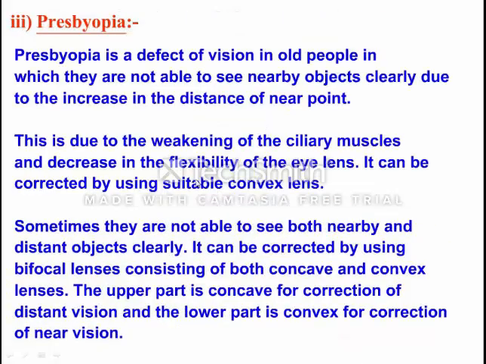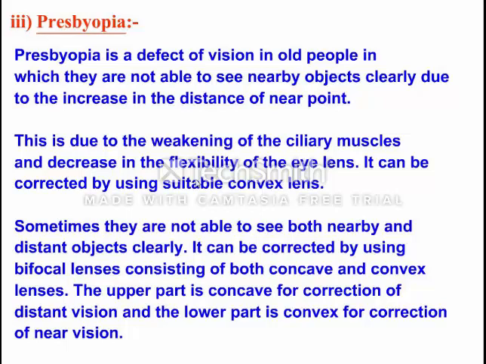Now we will talk about presbyopia. It is generally a defect of vision in old people. In these people, the ciliary muscles of the person become weak. So it is the defect which arises in old age.